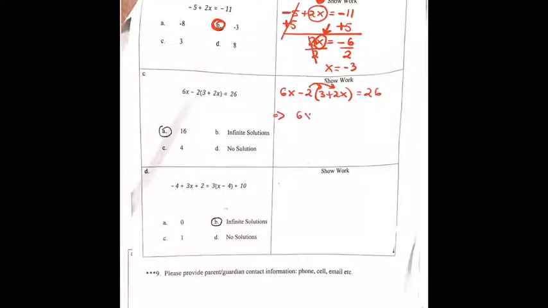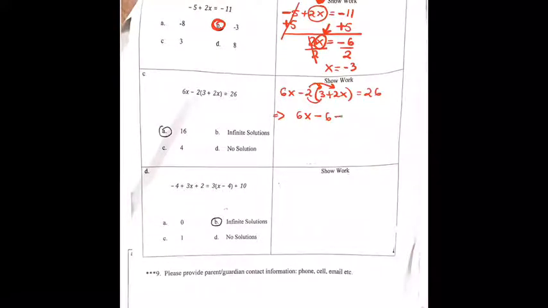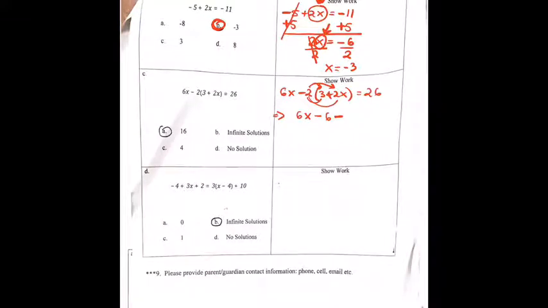So I get 6x minus 2 times 3 gives me 6, minus, because negative times positive gives me negative. So minus, and 2 times 2x gives me 4x. Equals 26.